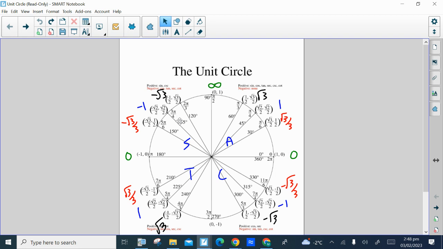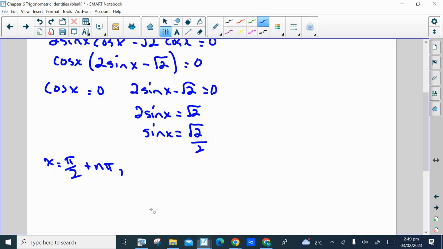So because of that, we have to write two separate statements, one involving pi on 4, the other involving 3 pi on 4. So it'll be pi on 4 plus 2 pi n. We have to go all the way around the circle to get back there, as well as 3 pi on 4 plus 2 pi n, where n is an element of integers.